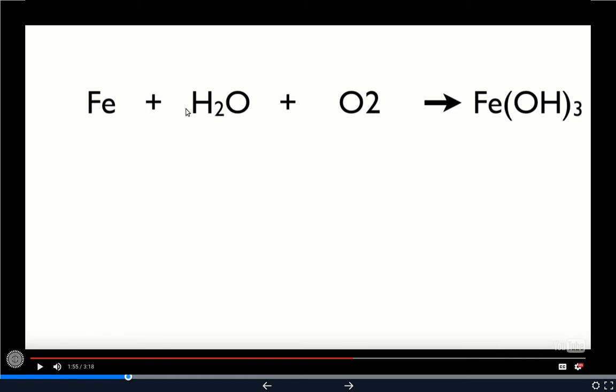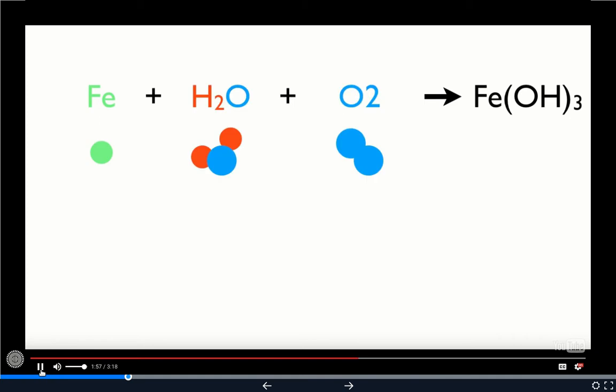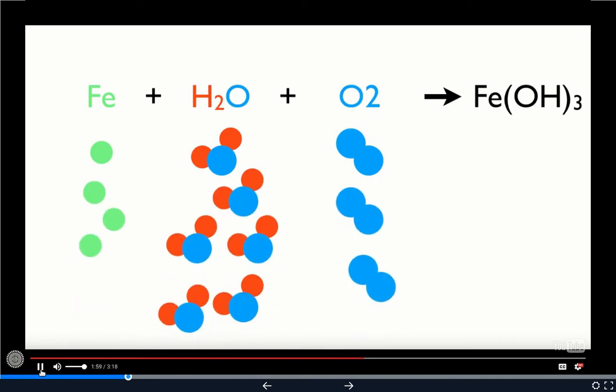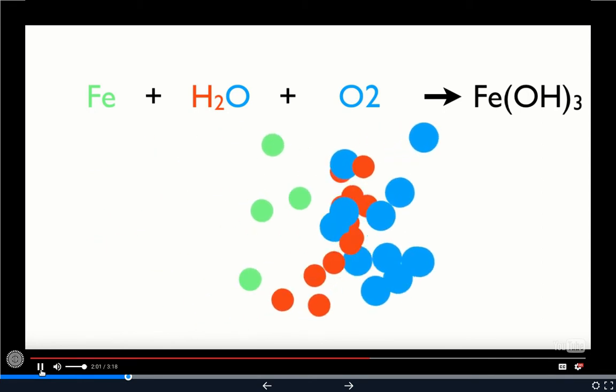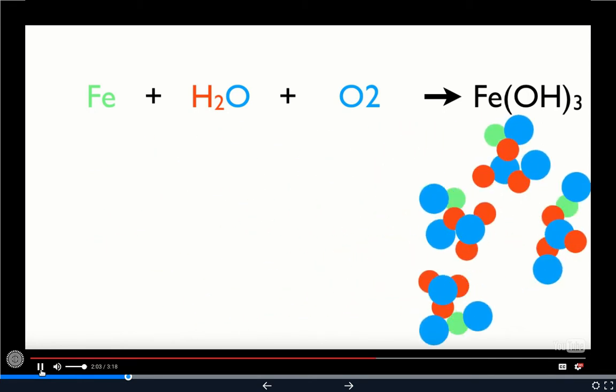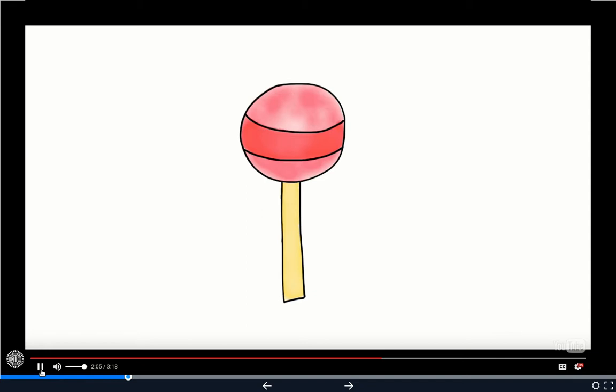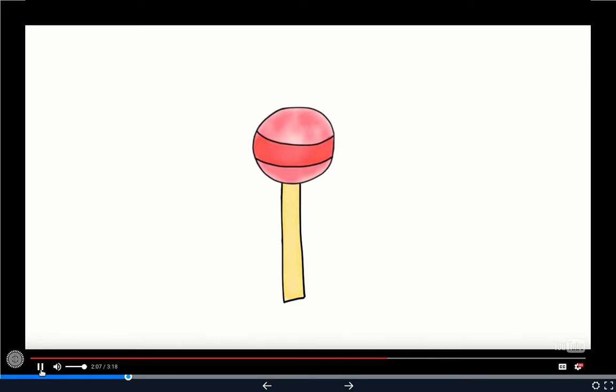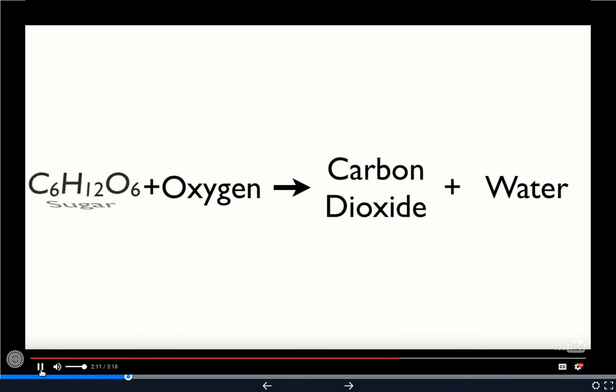The atoms break apart, rearrange, and form iron 3 oxide, which is the rust. That's a brand new thing. In this chemical equation, we start with iron, but end up with something brand new. Another chemical change happens when you eat sugar. Sugar enters your body as C6H12O6.